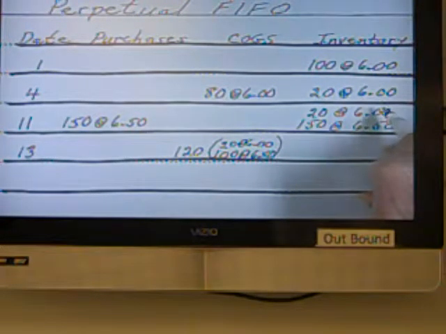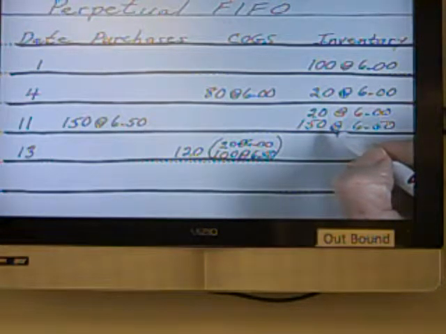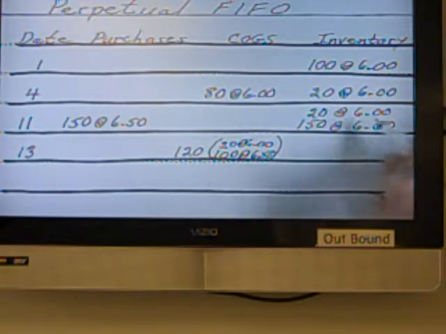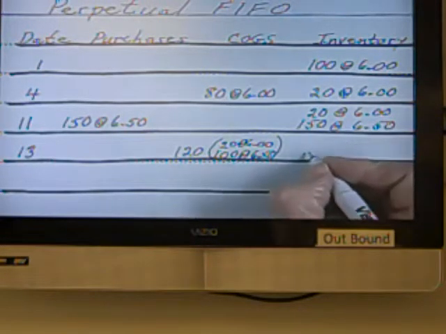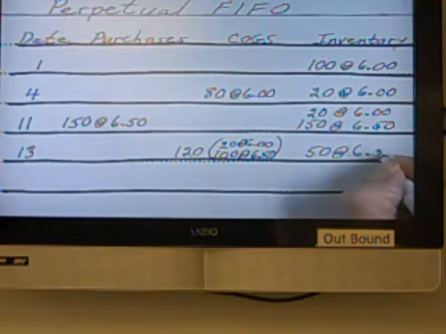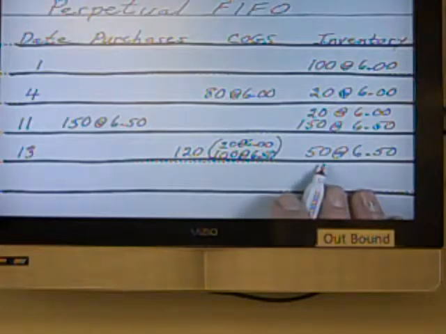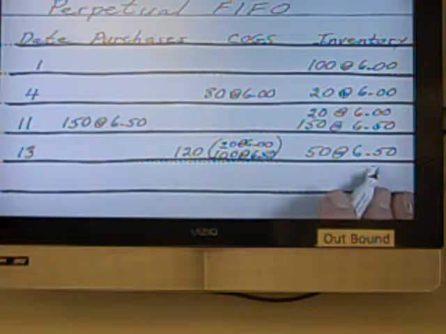Well, if we've sold all 20 of these, and if we've sold 100 of these, what we have left in ending inventory, or inventory on this particular day, is 50 at $6.50. That's what's left in inventory now. 50 units at a cost of $6.50 each.